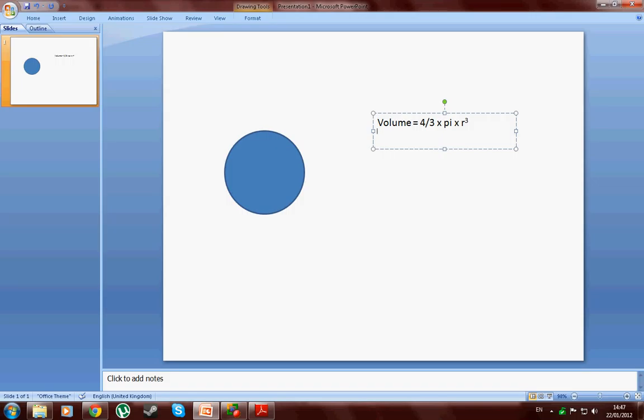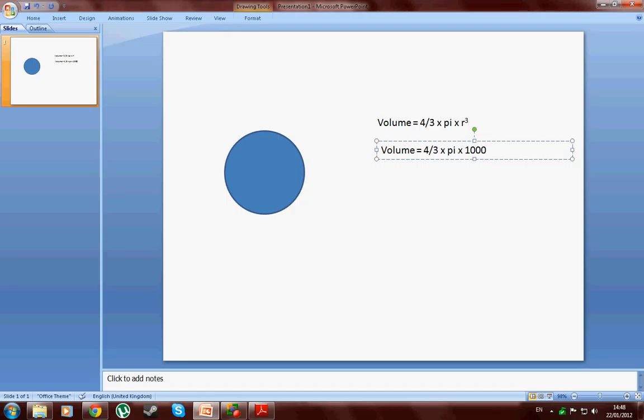Lovely. Put in a separate text box. Okay, so volume is 4 over 3 times pi times, I say 10, so that's 10 times 10 times 10, which is 1000.